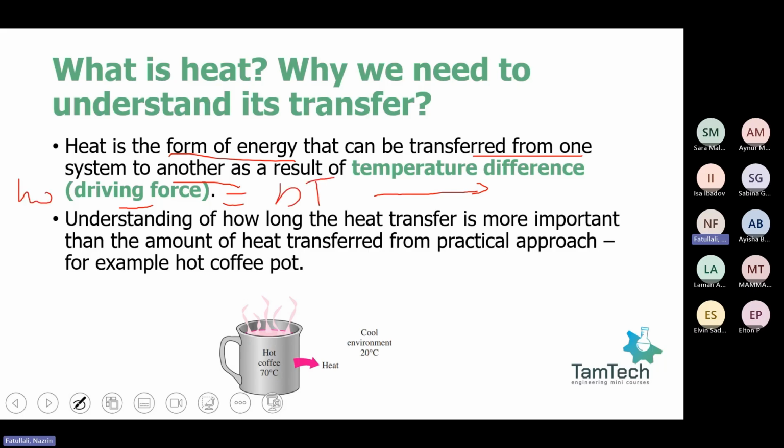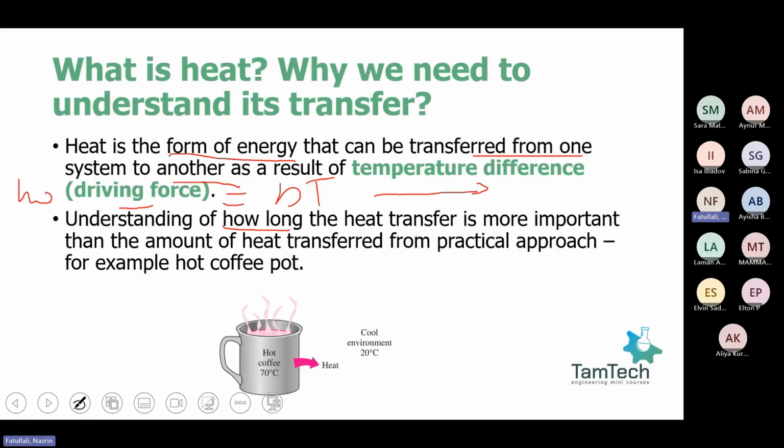Simple as that. Also, it's not just about how much heat you transfer. It's about how quickly, how long you transfer this heat. Because you are working in industry, our aim is not just to use heat transfer modes, but at the same time to consider duration.